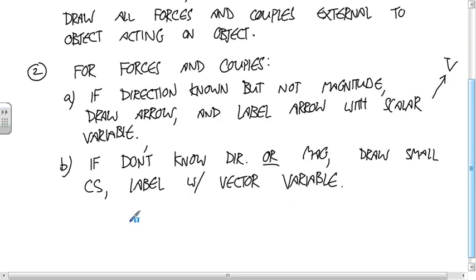If you don't know anything about the direction or the magnitude, then you have this little coordinate system, and if it's a 2D problem, you have a full vector of unknown values, and so the variable itself is a vector. Notice that in part A, what we have is a scalar unknown, one unknown. In part B, we have two unknown components. So for part A, we had a single unknown to solve for. For part B, we had two unknowns to solve for.